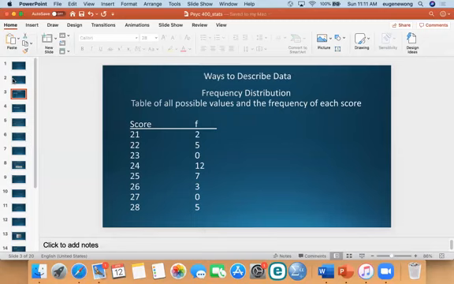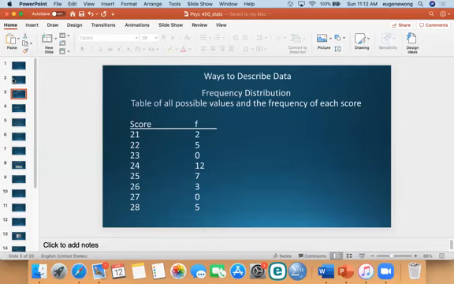If we were looking at that data set that I showed you in the previous slide, we would see that the lowest score was a 21 and the highest score was a 28, so we just list in the column labeled score the scores from lowest to highest. If we had IQ scores instead of a generic set of data, we could call that the IQ score column.